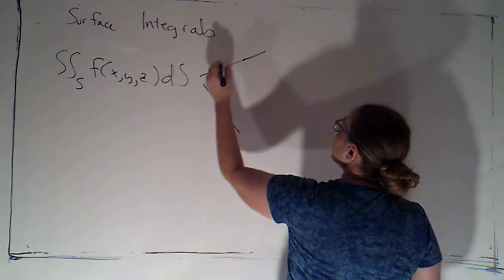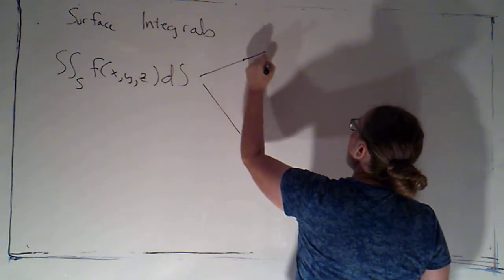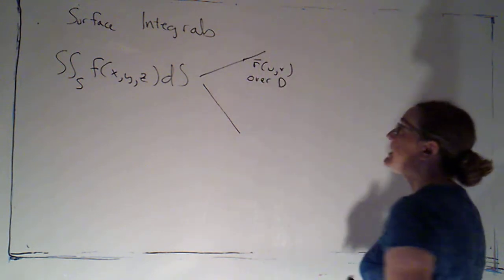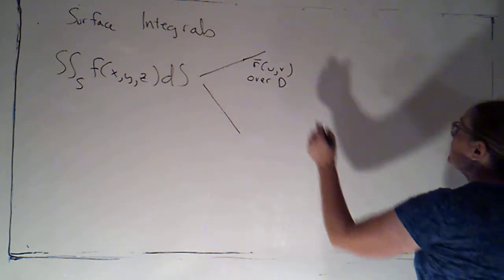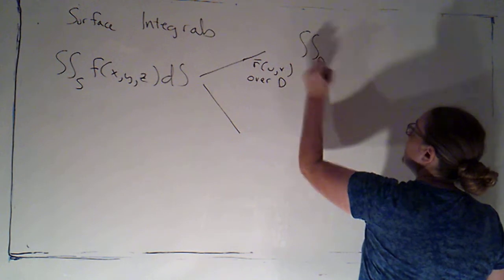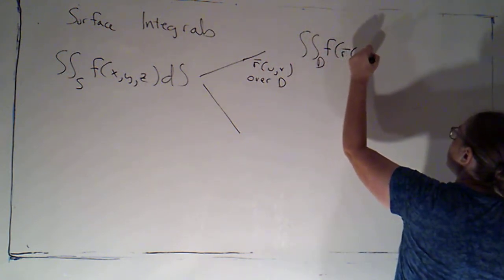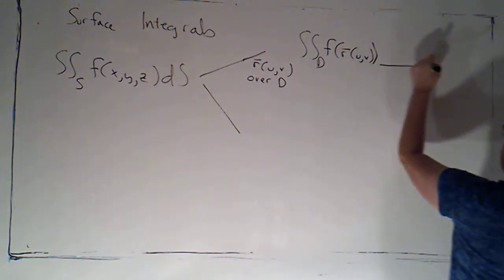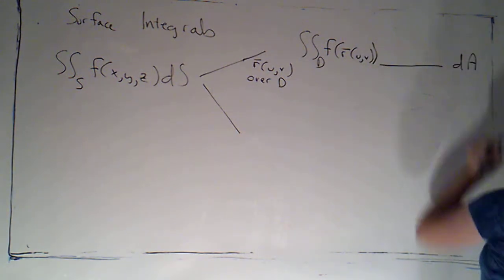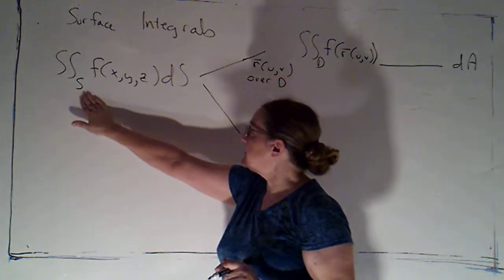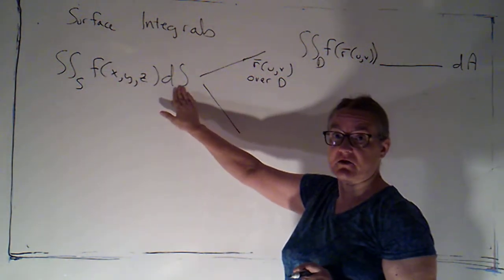If I parameterize using R of u, v over some region D, then this becomes the double integral over D of f of R of u, v. Then I'm going to have my scaling factor dA. Notice when I'm integrating over the surface, I'm integrating with respect to surface area.